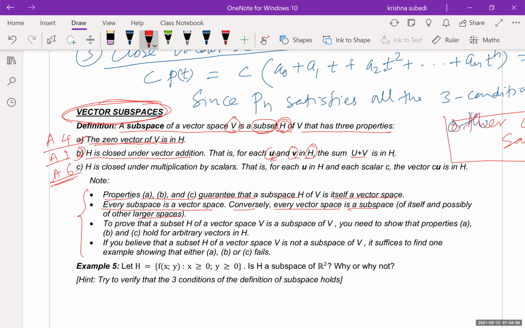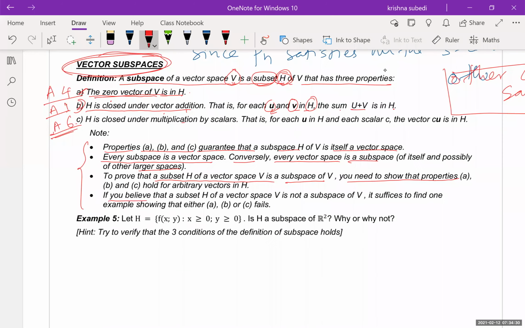To prove that a subset H of a vector space V is a subspace of V, you need to show that these three properties are satisfied. If the space fails any one of these three conditions, then it cannot be a subspace, therefore it cannot be a vector space. We just need to check those three conditions.